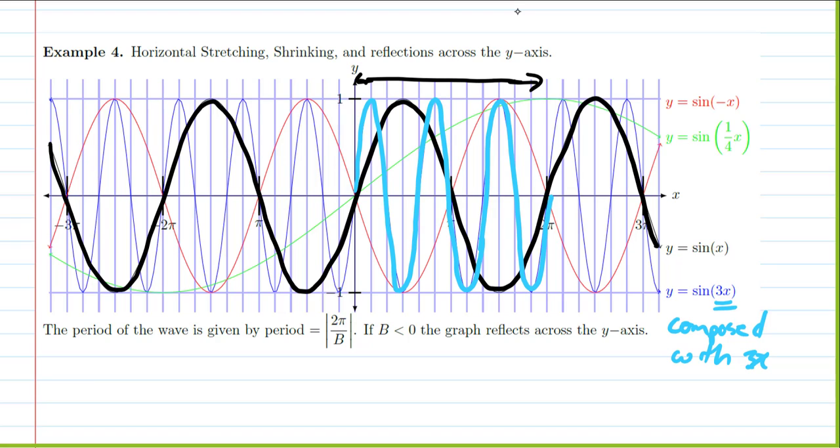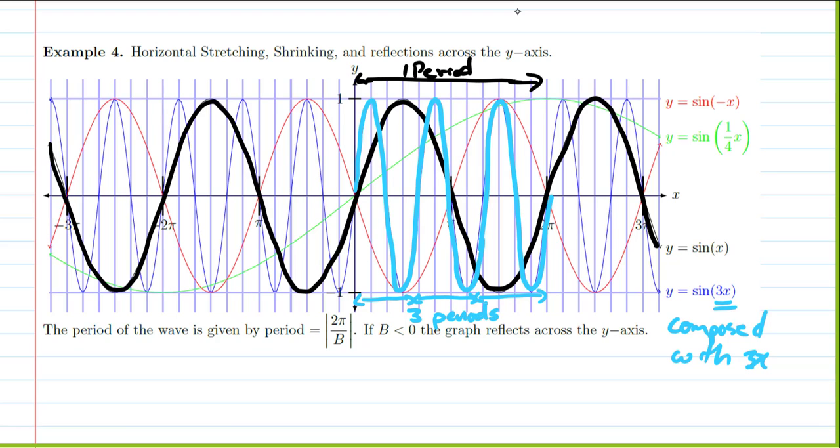how many times did my blue wave go up and down? Well, the blue wave came back to where it started, up, down again, 2, and up, down again, 3. So this went through one period, and this went through 3 periods.